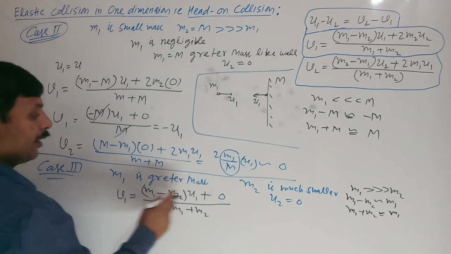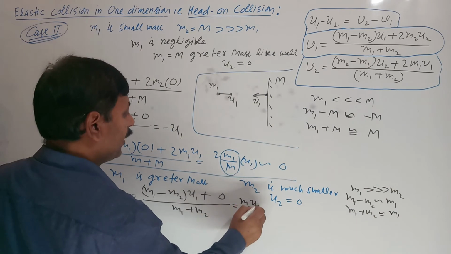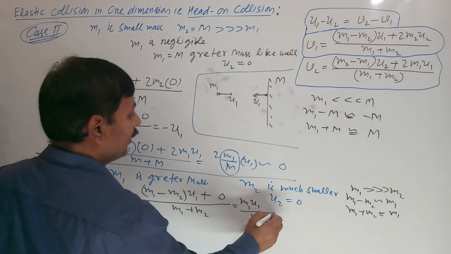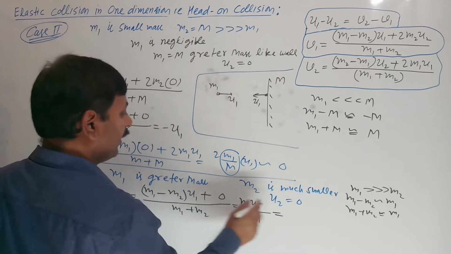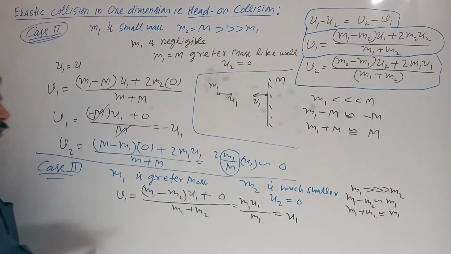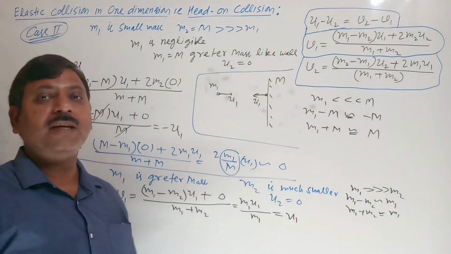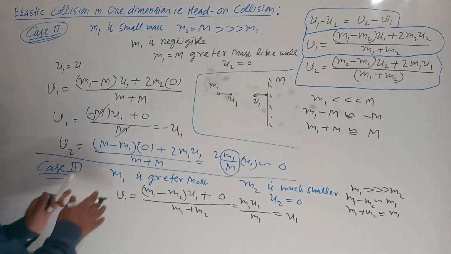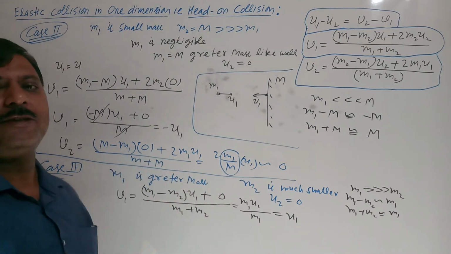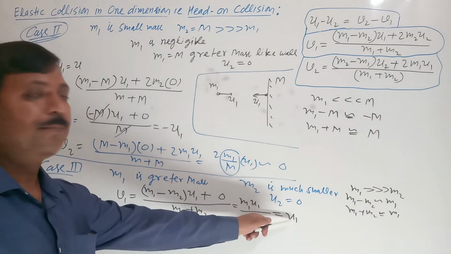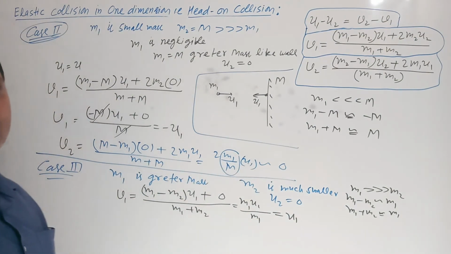If you write it here, this is M1 U1 divided by M1, so this will come nearly as U1. So you can see here V1 is equal to U1, meaning the first object M1 has the same speed as before. V1 is equal to U1.